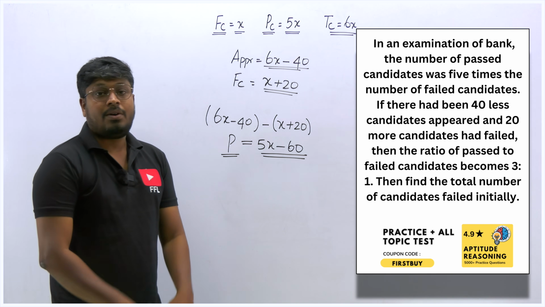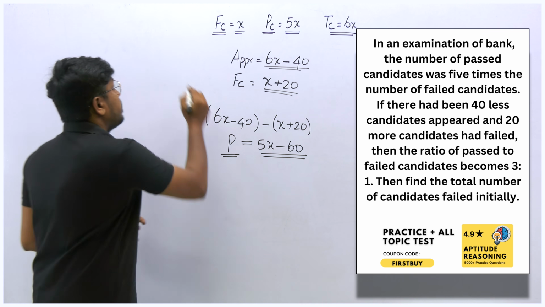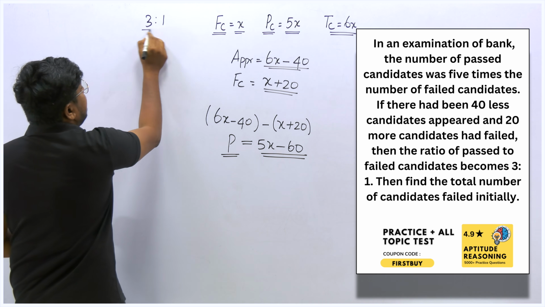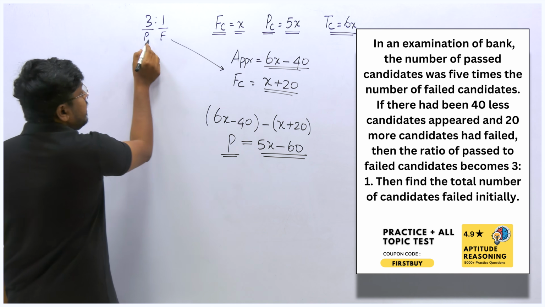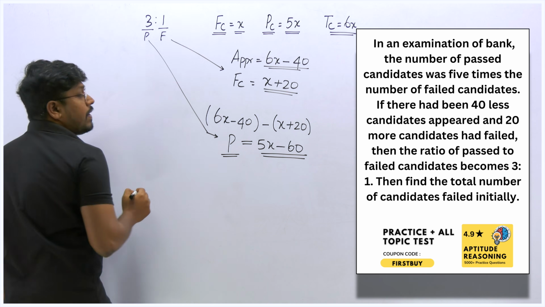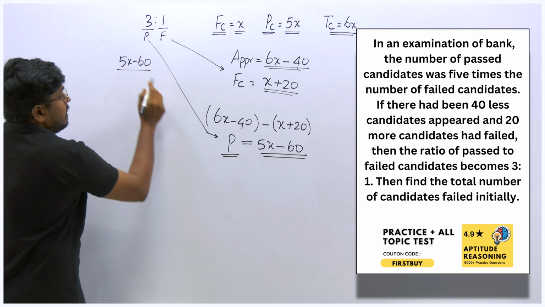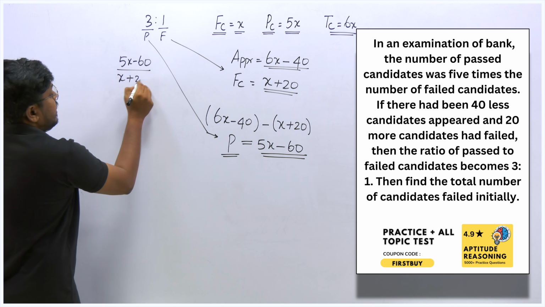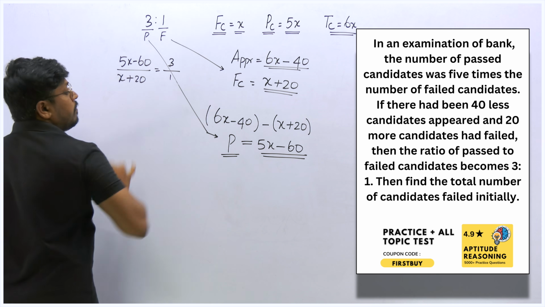So now we got all the data. According to the question, the 3:1 ratio is for passed and failed. We know failed is X plus 20, and passed we just found as 5X minus 60. So 5X minus 60 divided by X plus 20 is equal to 3 by 1.